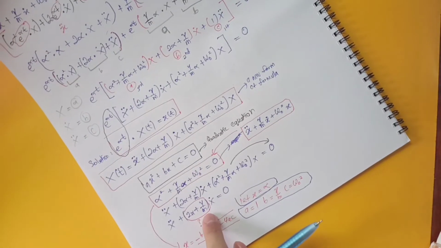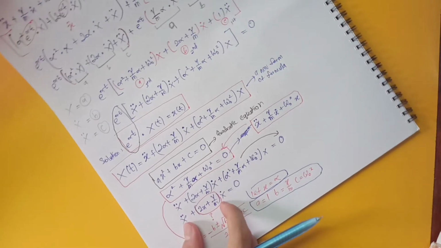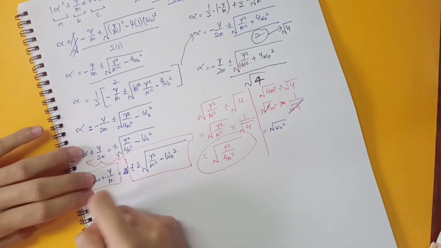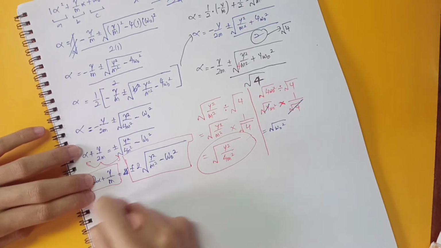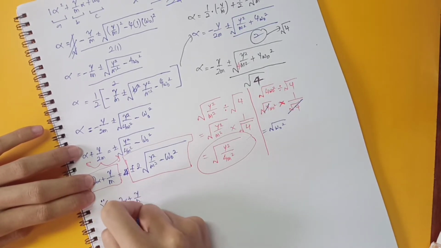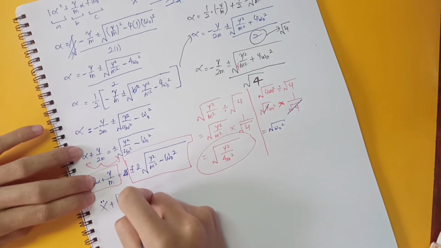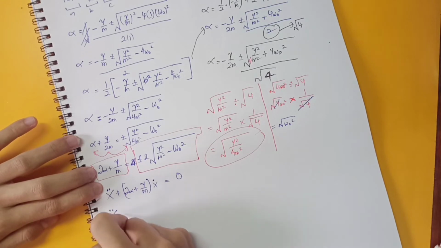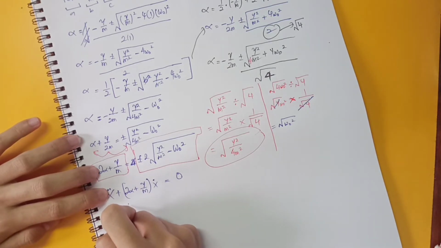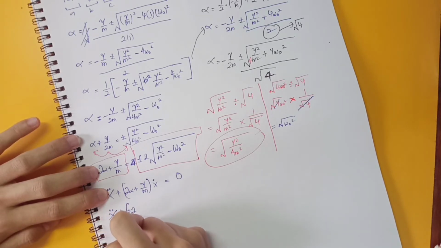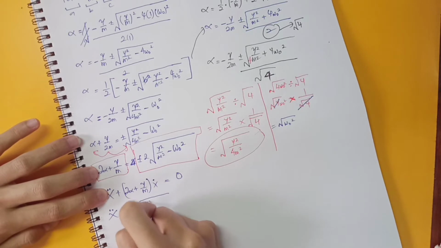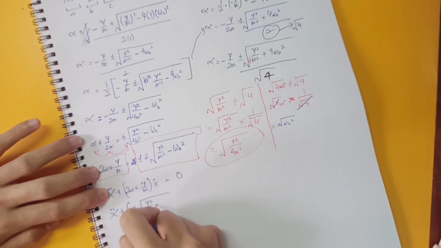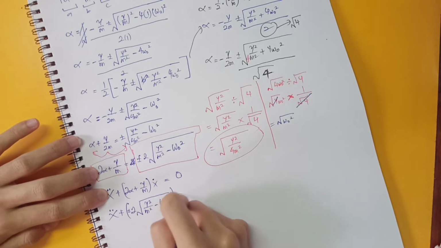Let's go back here. So here is where we can do some substitution inside this equation. So x double dot plus 2 alpha plus gamma over m, times x single dot, is equal to 0, right? Now substitute here. So x double dot plus plus or minus 2 times the square root of gamma square over m square minus omega naught square, times x single dot, equal to 0.